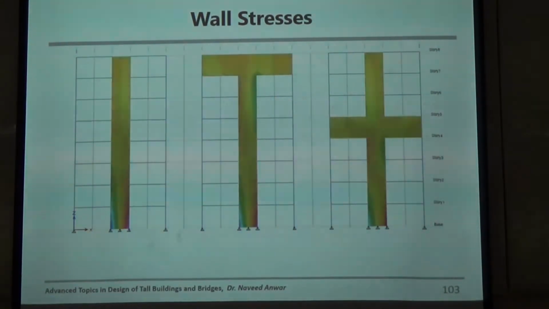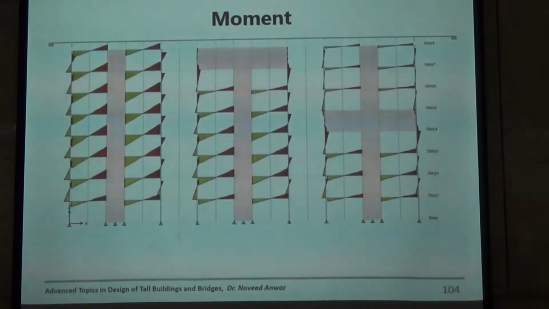So reinforcement layout, reinforcement detailing between the core wall and the outrigger becomes a challenge because the wall is now going into reverse bending at that location. So it's not just a free cantilever anymore. So many things have to be studied for outriggers.